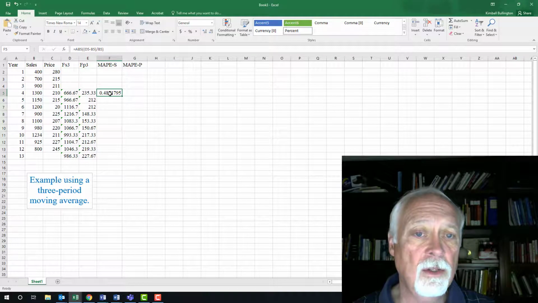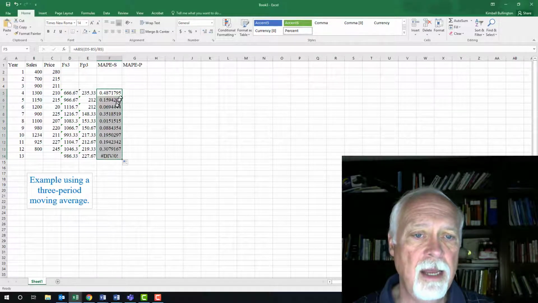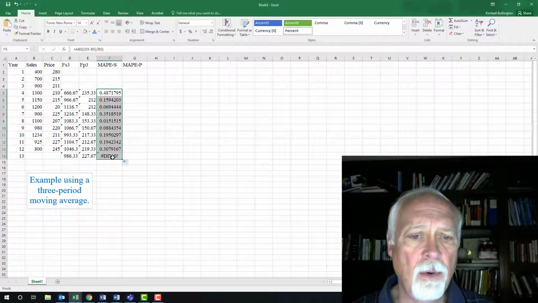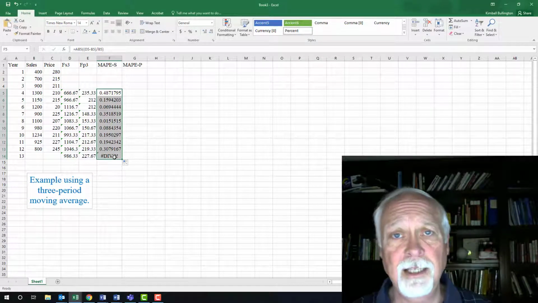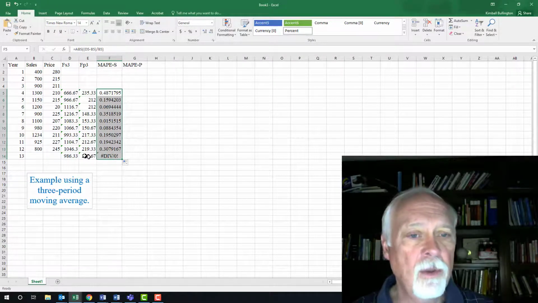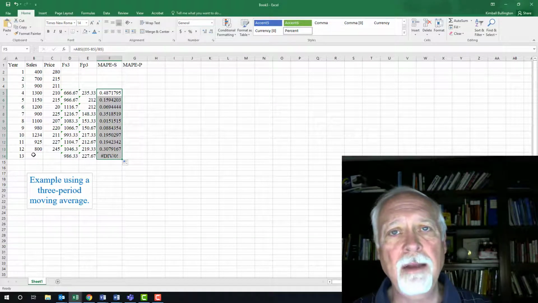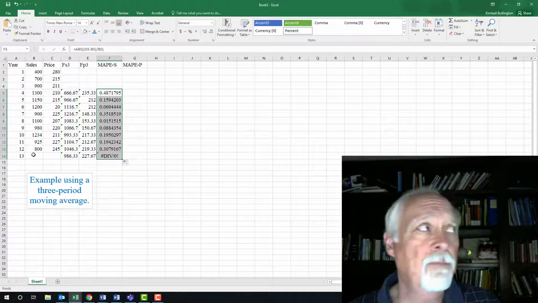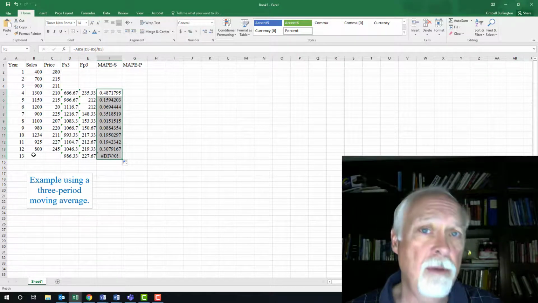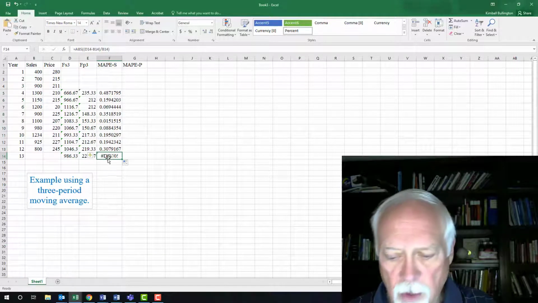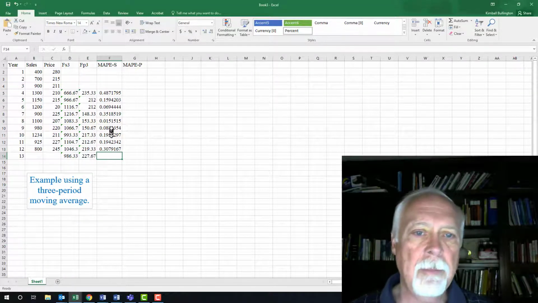Yes, that looks reasonable. I copy it on down. I've got a number down here that divides by 0, and it's got an exclamation point, which basically says it looks like an error. Well, it is, because I don't have any sales to compare this with, so I can't have an error if I don't have the true term to measure it against, and I certainly can't divide by 0. So we subtract that.